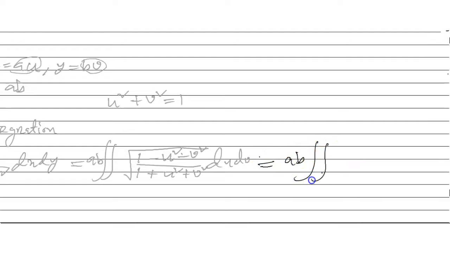So ab integration of root of (1 minus r square) divided by (1 plus r square).